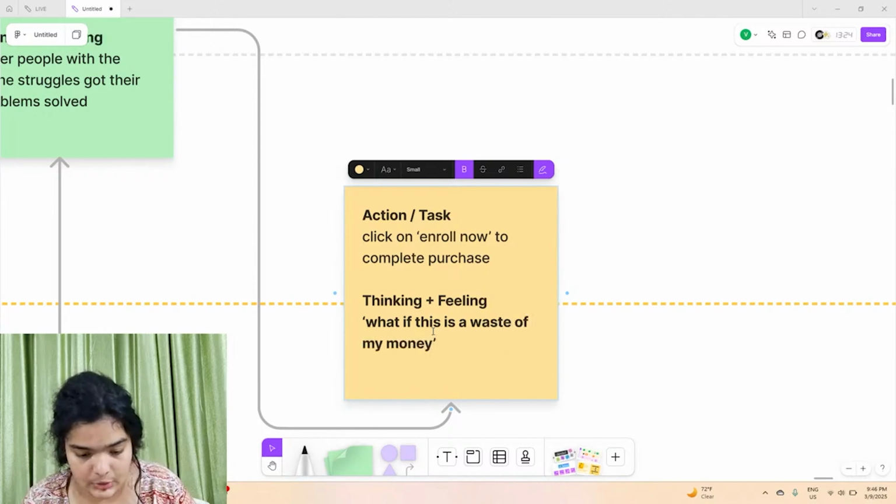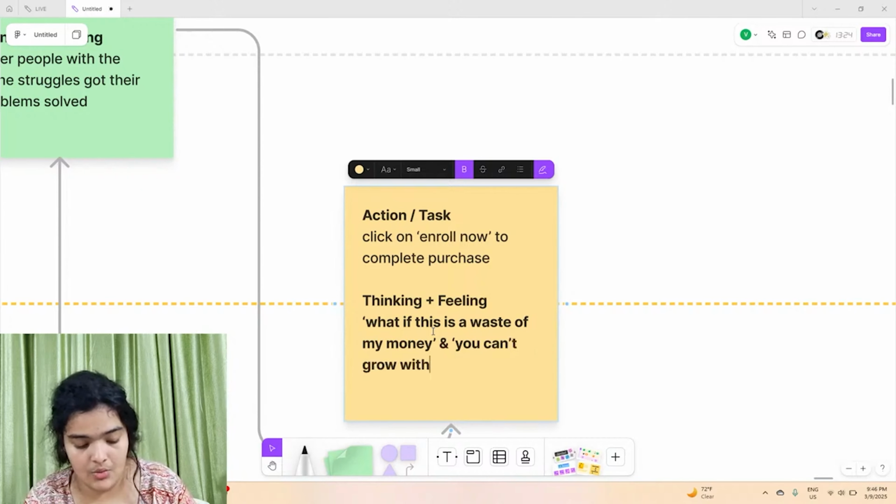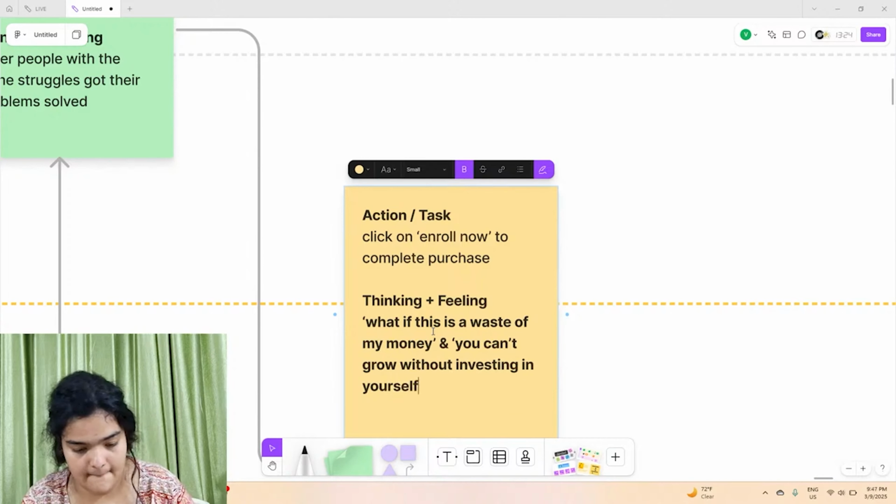But another thing that they could be thinking about is, you can't grow without investing in yourself. Right?